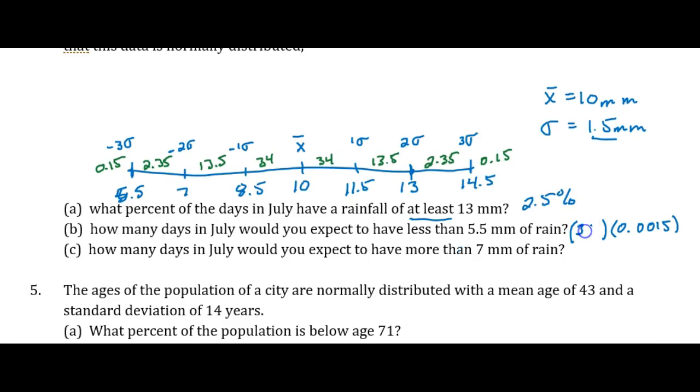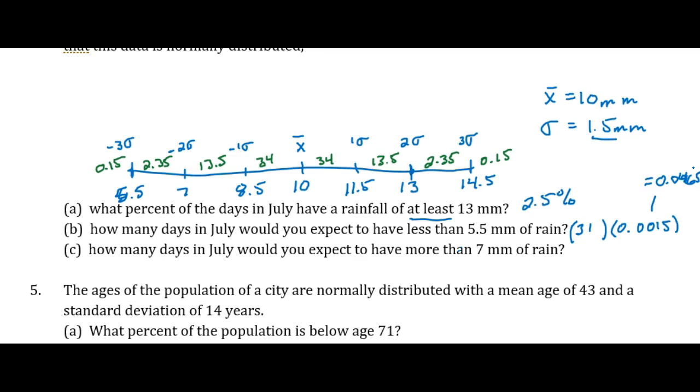Well, there are 31 days in July, times 0.0015, and that will give you an answer of 0.0465. So extremely rare for July to have less than 5.5 mils of rain.